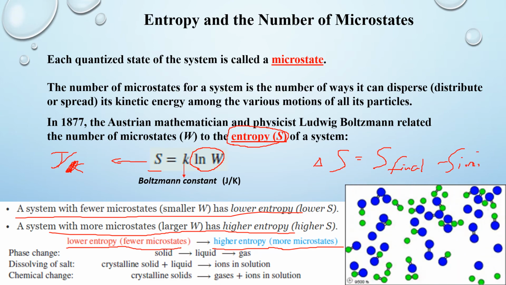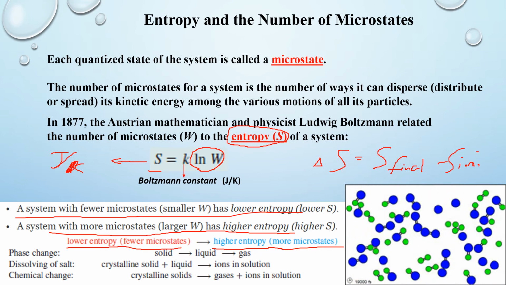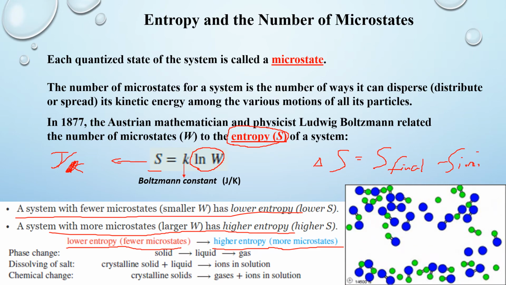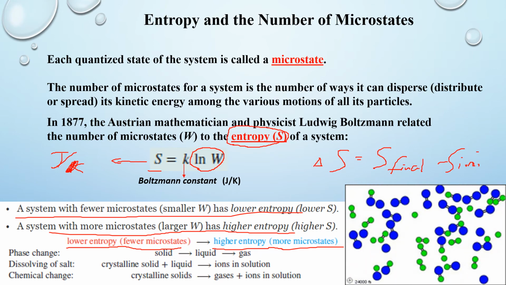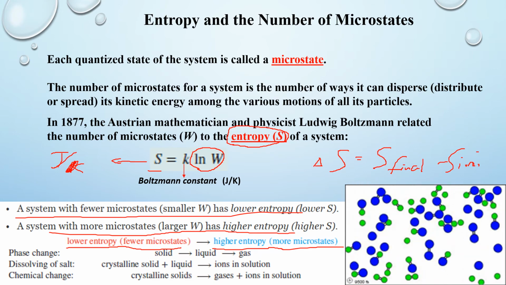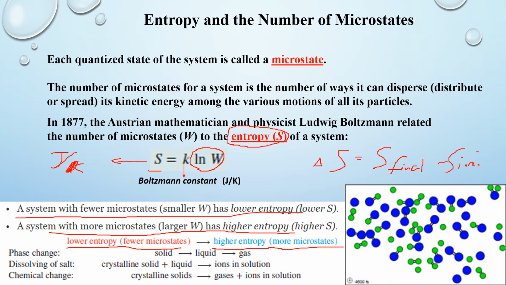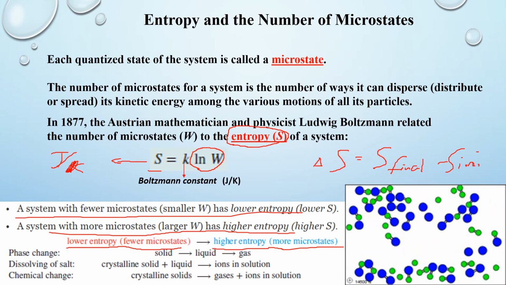Now for the reactions below, we see the entropy tends to get larger after the reaction. But is it the only way we can determine whether a reaction is spontaneous or not?